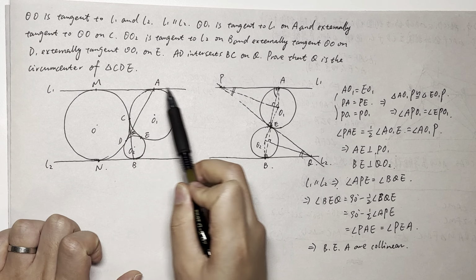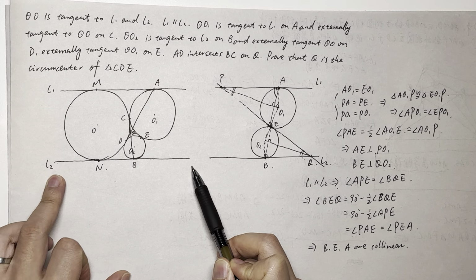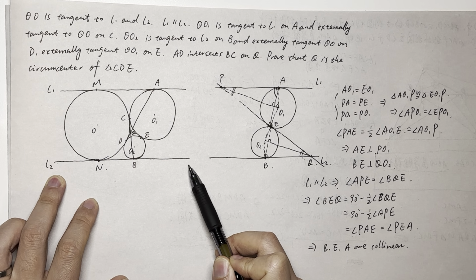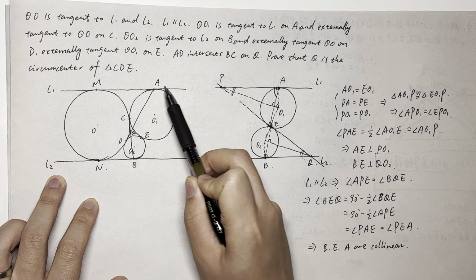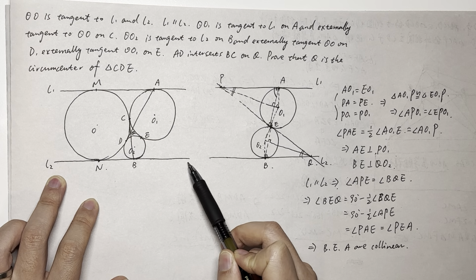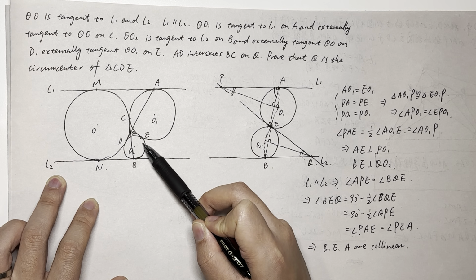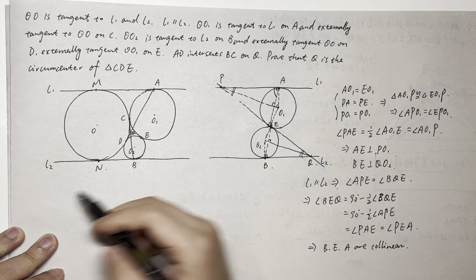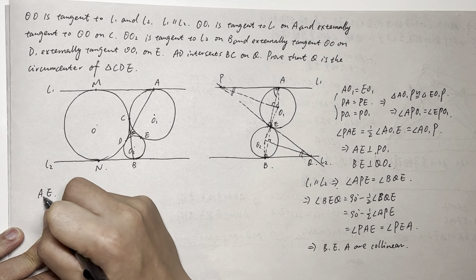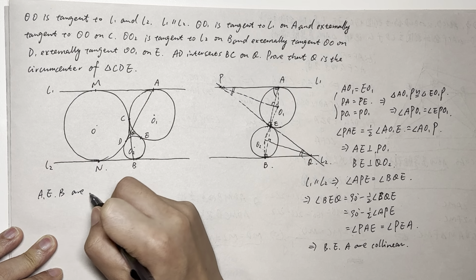L1 and L2 are the parallel lines, O1 is tangent to L1, O2 is tangent to L2, and O1, O2 are tangent at point E, so we know that A, E, B are collinear.